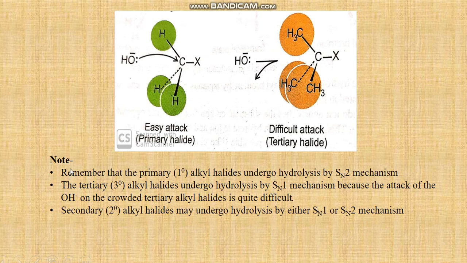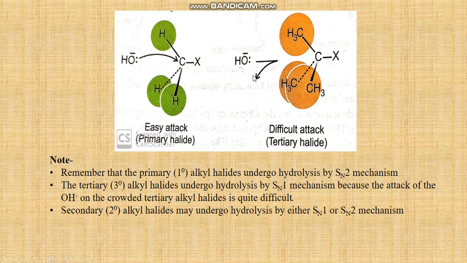The important point for substitution reactions is that primary alkyl halides undergo hydrolysis by the SN2 mechanism, whereas tertiary alkyl halides undergo hydrolysis by the SN1 mechanism, because the attack of the hydroxide ion on the crowded tertiary alkyl halide is quite difficult.